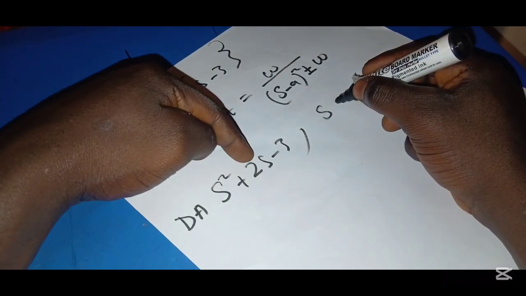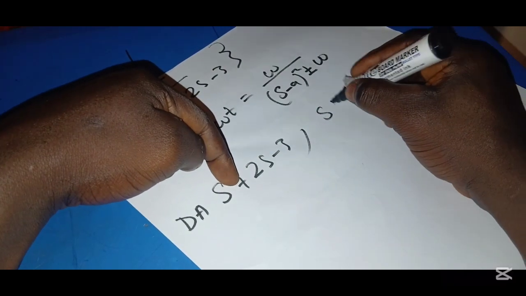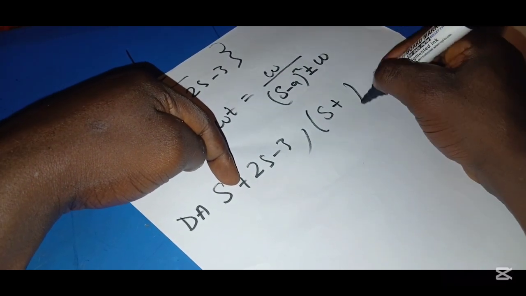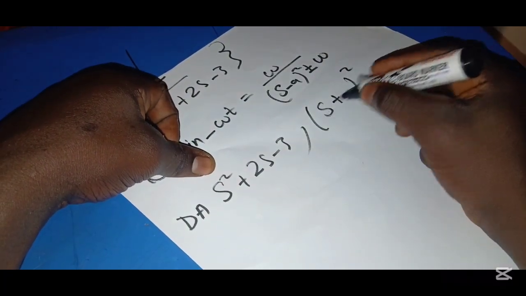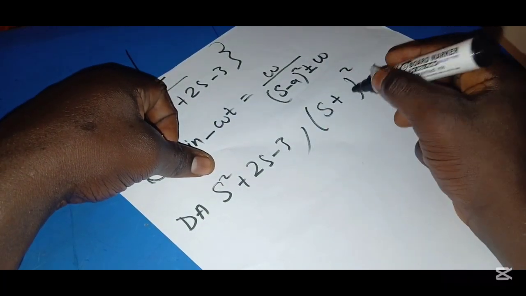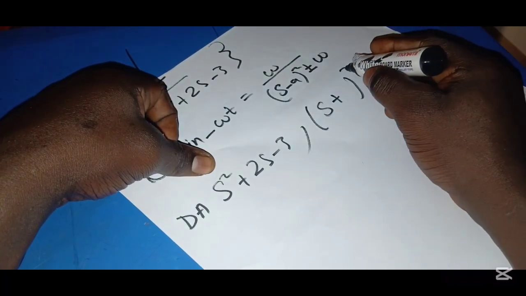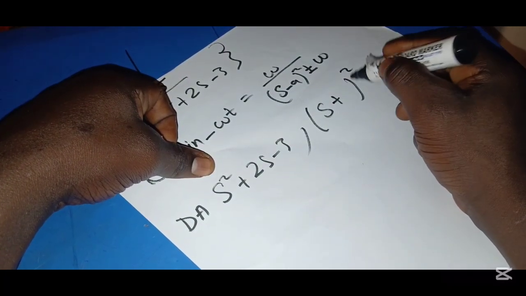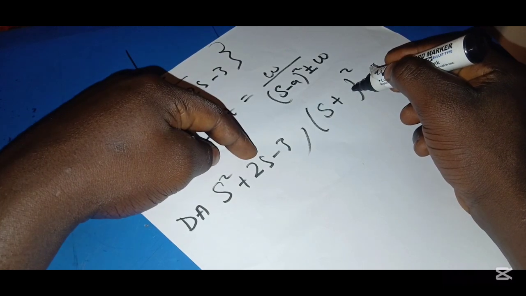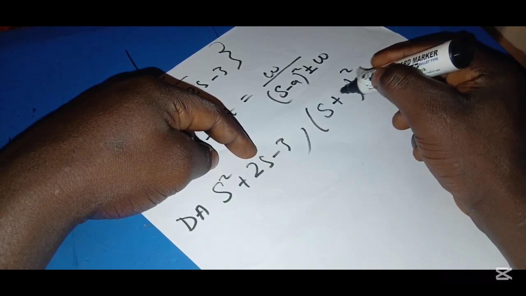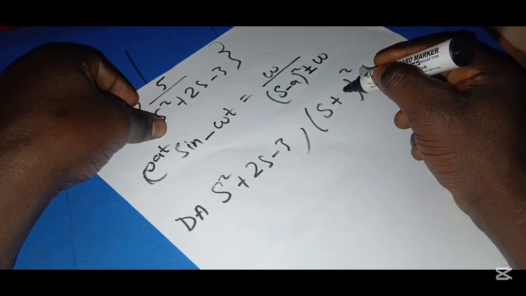The coefficient of s will tell me that it's plus, then squared, right? So here 2 by s by what will give me 2s. This term right here actually came from 2 by s by this. So 2 by s by 1 will give me 2s.